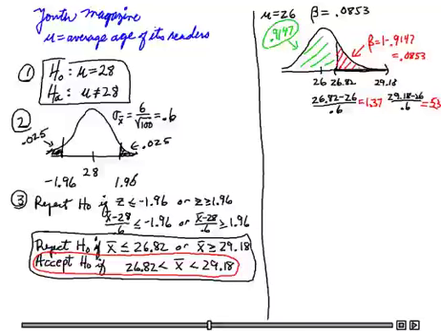In other words, that I will correctly reject the null hypothesis. The null hypothesis is not true if the real average is 26, and there's a 91.47% chance that a sample of size 100 would lead me to reject it, therefore correctly reject it. But I've got an 8.53% chance of making a type 2 error.